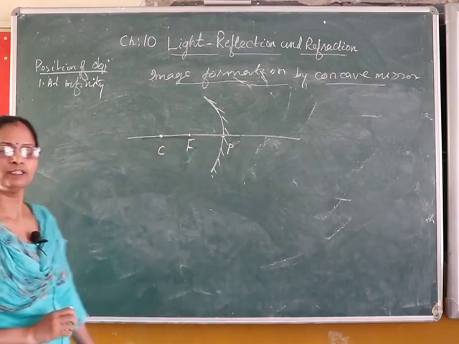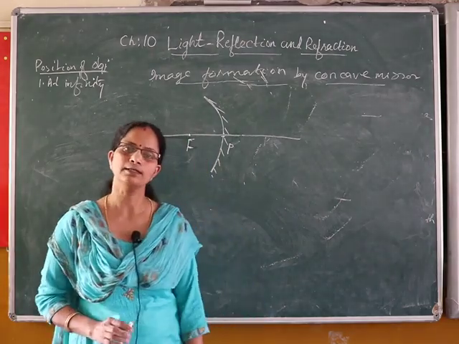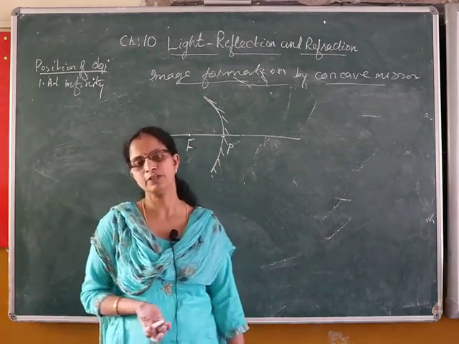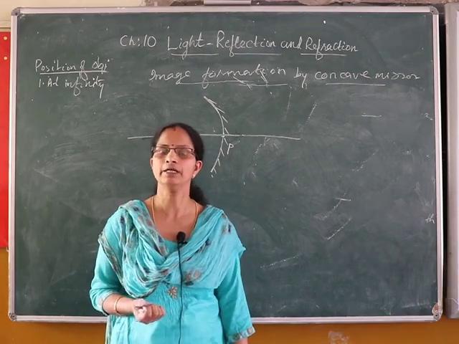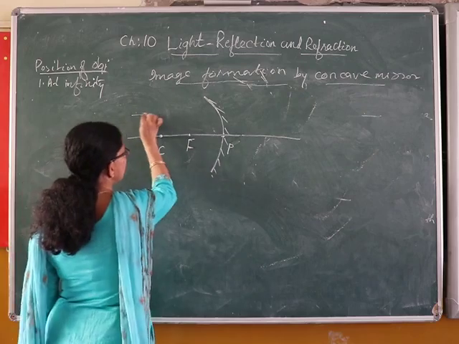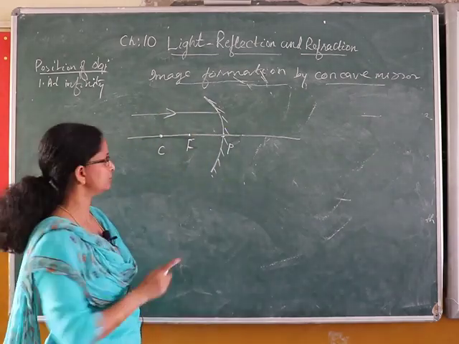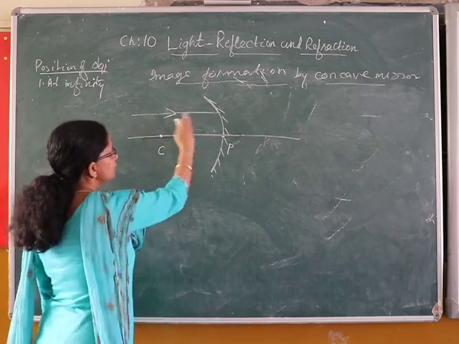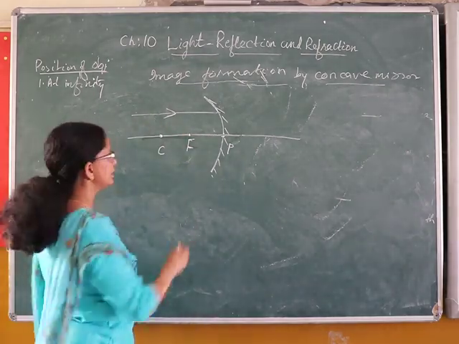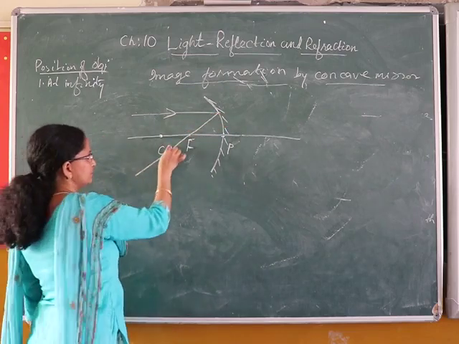When the object is at infinity, it is considered that the light rays coming from that object are always coming in parallel. So when a parallel beam of light strikes this mirror, as we have studied in the first case, after reflection it passes through the principal focus.